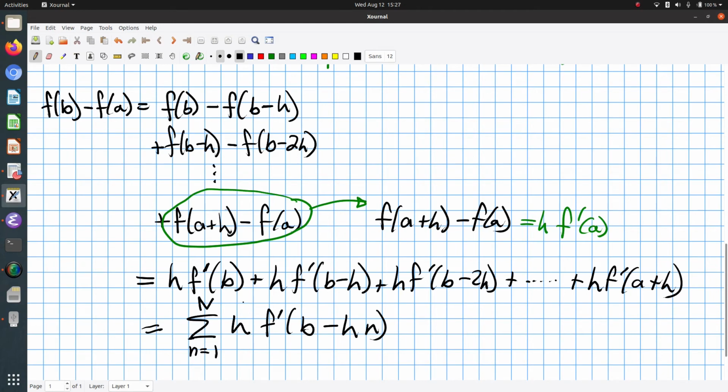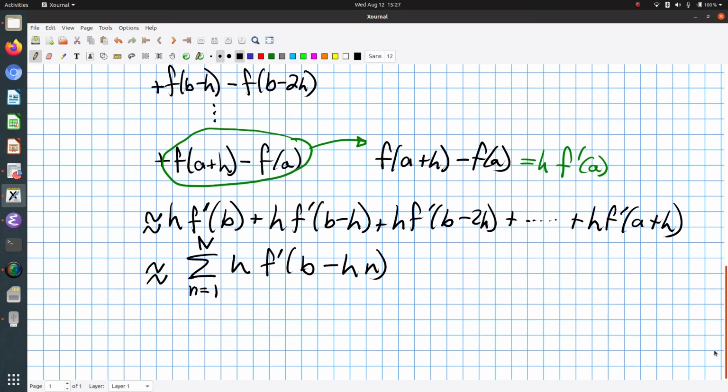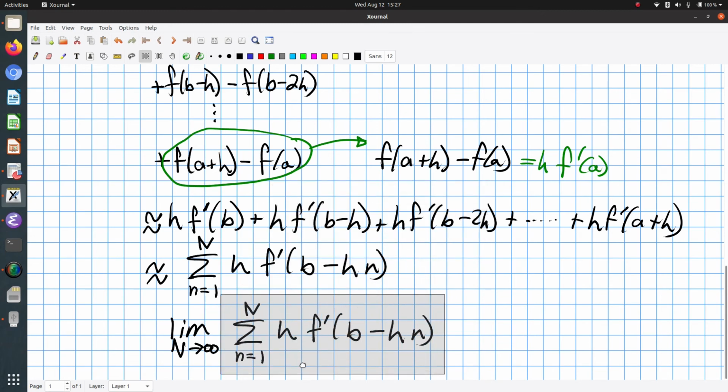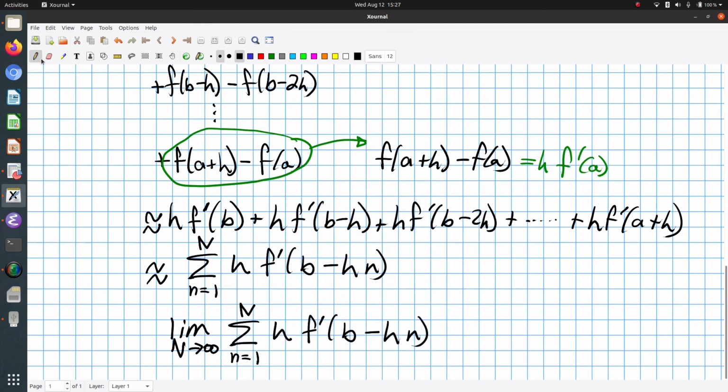Well, they're not exactly equal, are they? They're approximately equal. But this thing looks like a sum for an area. And in fact, if I take the limit as capital N goes to infinity of this expression, well, what is that? That's a Riemann sum.